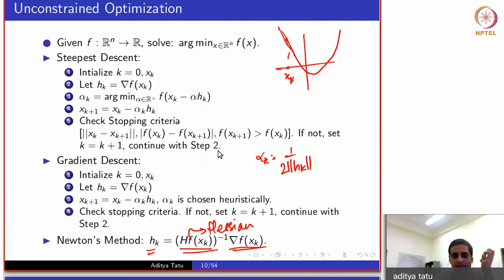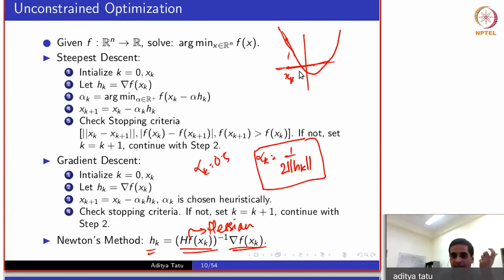If I use the same alpha k, let's say alpha k is fixed to 0.5, that means I'm going to take a very large step in this direction, and I may miss the minima. That's going to cause what's called overshoot. So you need to carefully select alpha k as well. I'm normalizing the step size with the gradient magnitude.